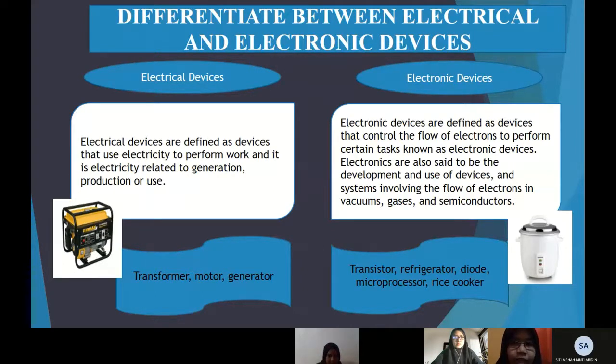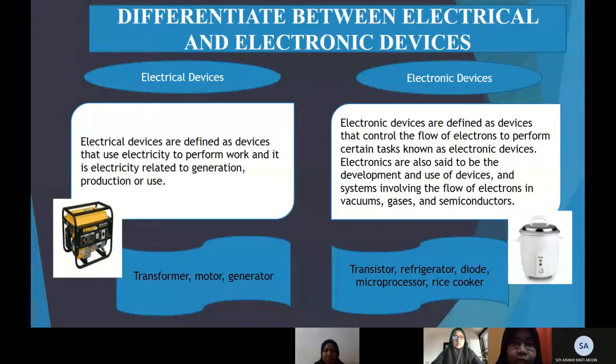Electronic devices are defined as devices that control the flow of electrons to perform certain tasks. Electronics are also said to be the development and use of devices and systems involving the flow of electrons in vacuum, gas, and semiconductor.